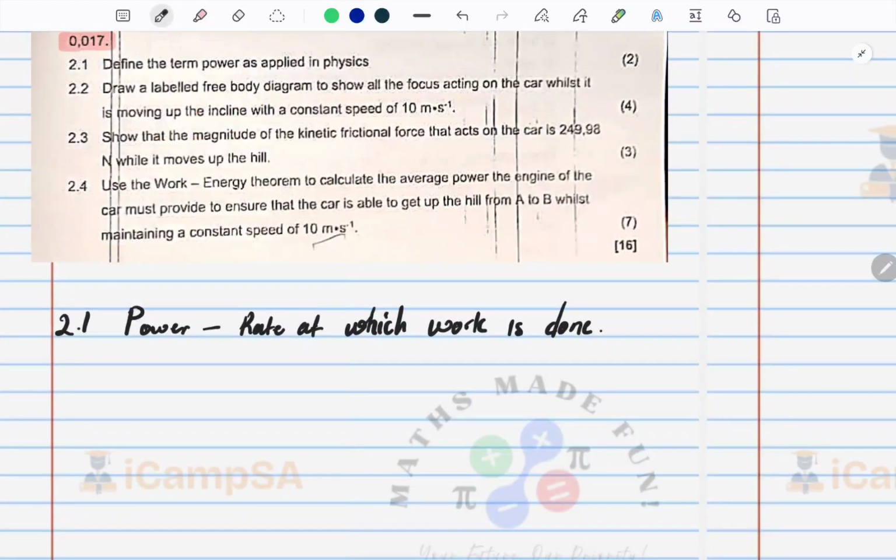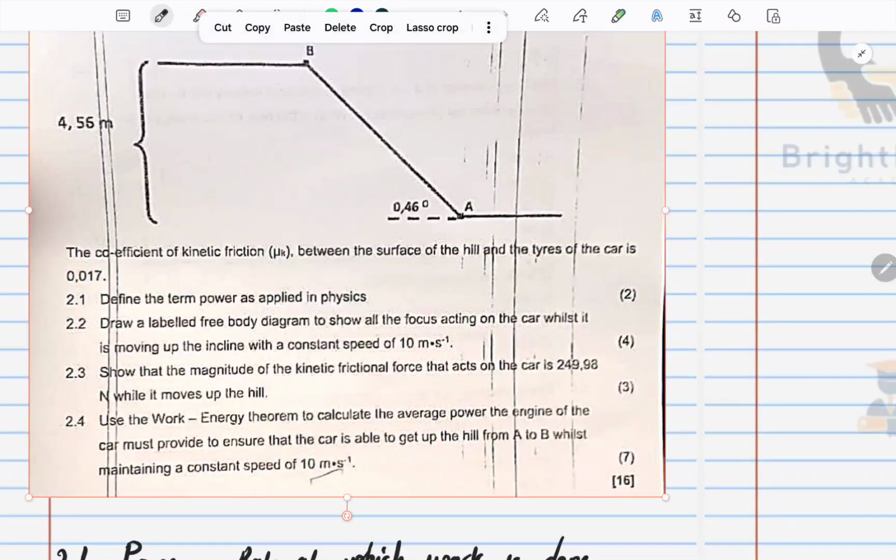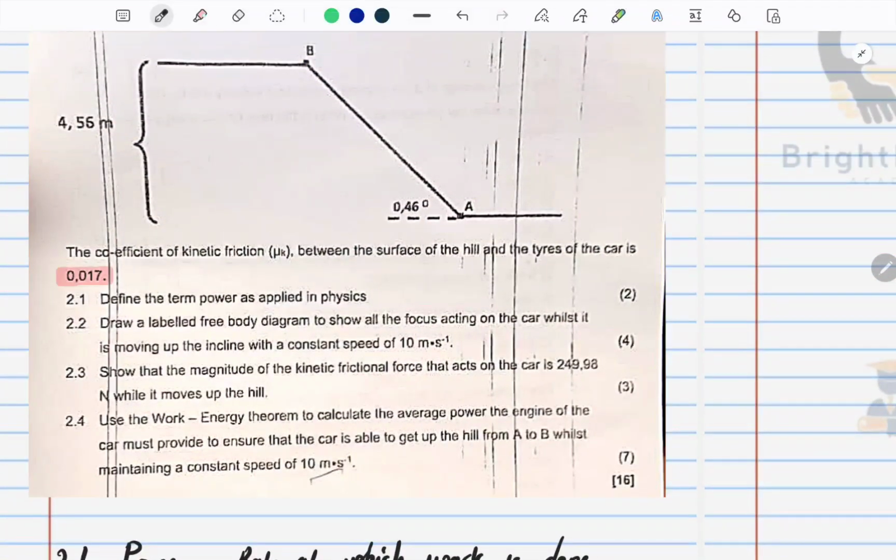Then they're asking us to draw a labeled free body diagram to show all the forces acting on the car while it moves up the incline with a constant speed of 10 meters per second. So for 2.2, we're going to consider the car at any point, maybe here.